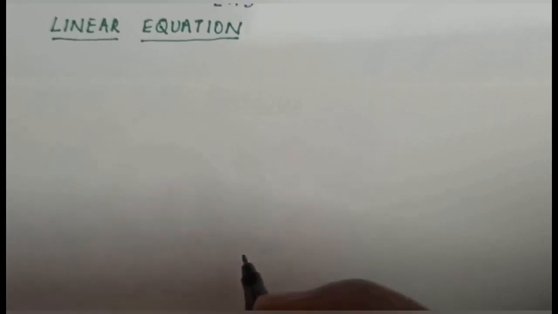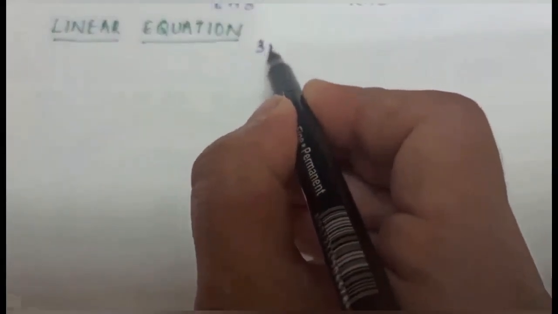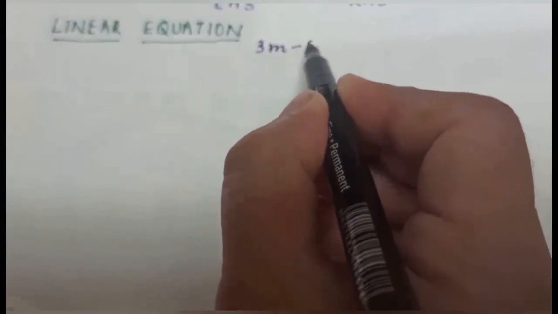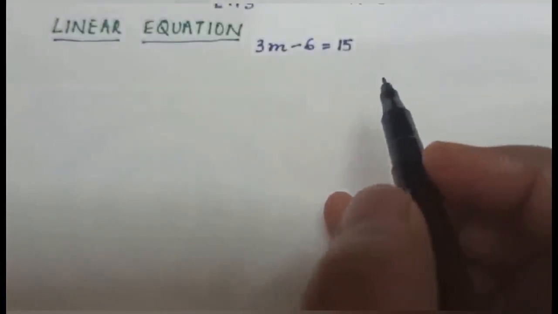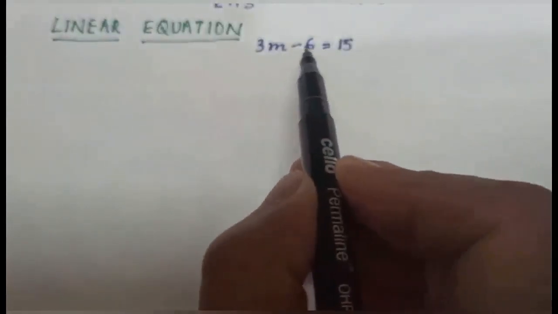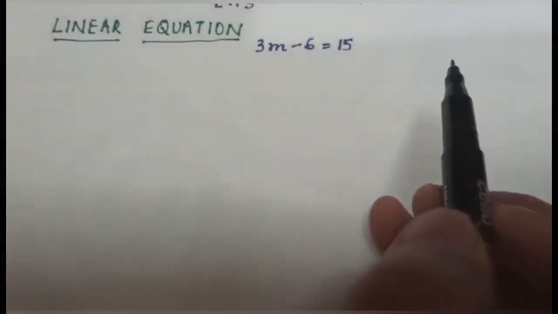Next is linear equation. What is a linear equation? An equation in which the highest power of the variable is 1 is known as a linear equation. For example, 3m minus 6 is equal to 15 is a linear equation. Why linear? Because the variable m has power 1 only.